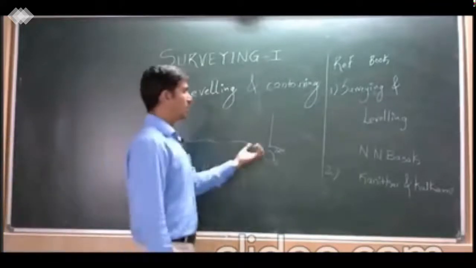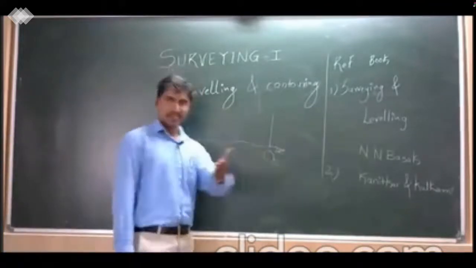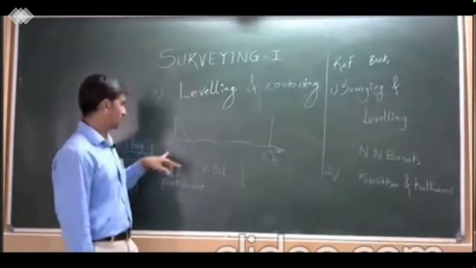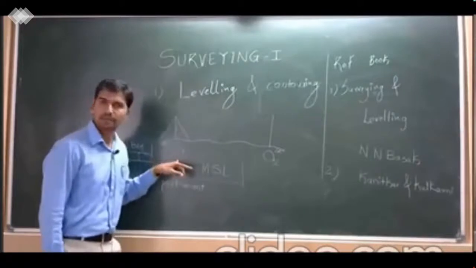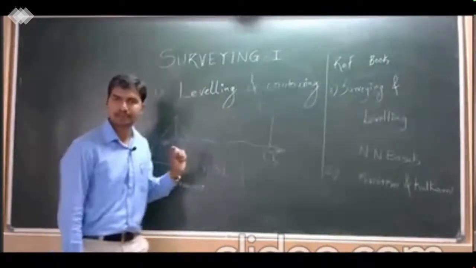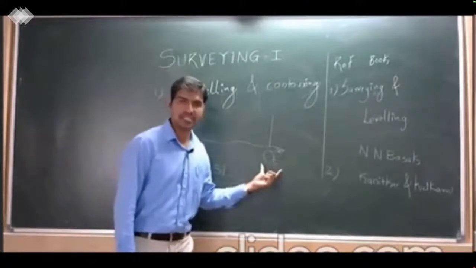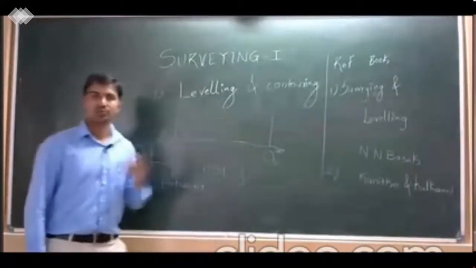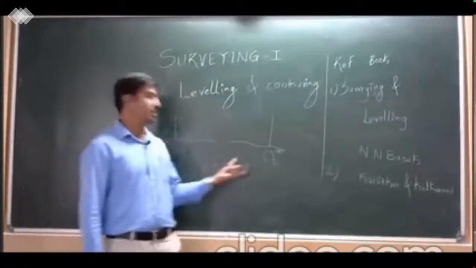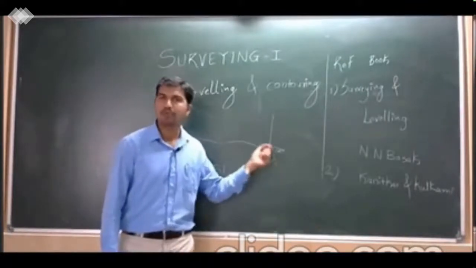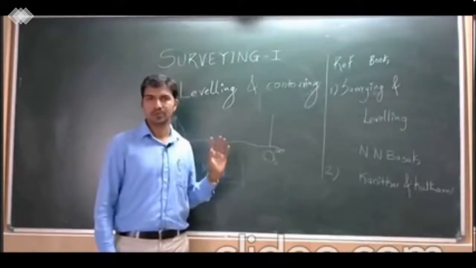Suppose, for example, let us take the example of this. What I am going to do is, I have kept the dumping level on station O1. I have kept the measuring staff on O2, and my aim is to find out the reduced level of point O2.